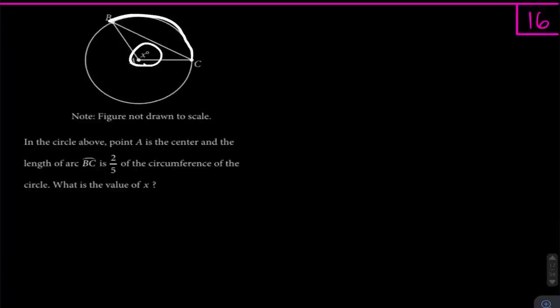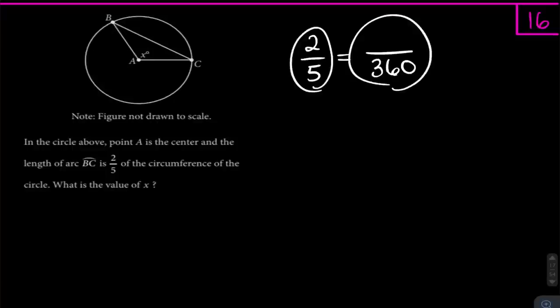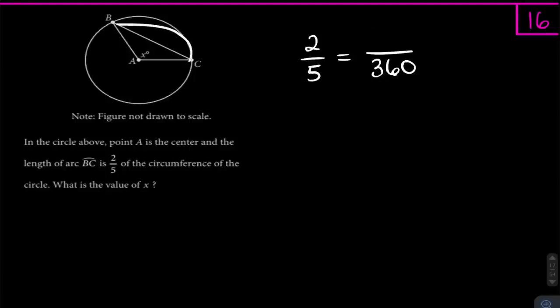So this 2/5 of the entire circumference of the circle is going to be equal to, you can set up two fractions here and then cross multiply, something out of the total degrees in a circle. Because the ratios are the same. That's just something you've got to know about circles: the arc length is proportional to the angle measure.